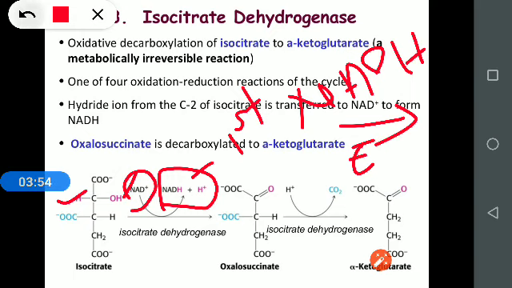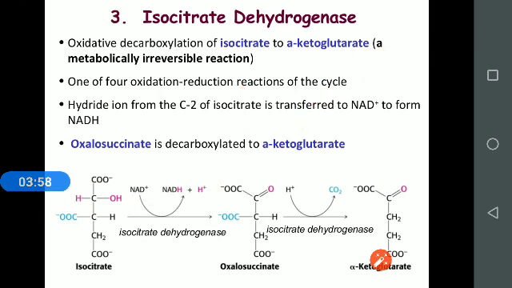Next, by means of oxalosuccinate formation. In the first step, the isocitrate converts to oxalosuccinate, where the hydrogens attach to NAD plus, reducing it to NADH plus H plus.